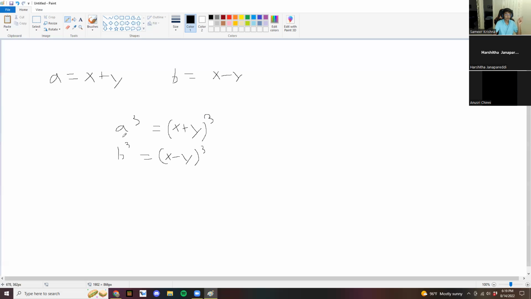Oh, yeah, this is part B, I'm looking at the wrong part. Sorry. Part A is asking A squared minus B squared in terms of X and Y.